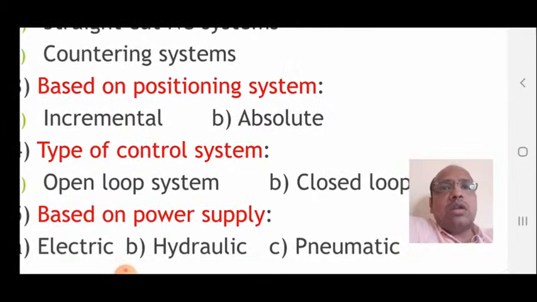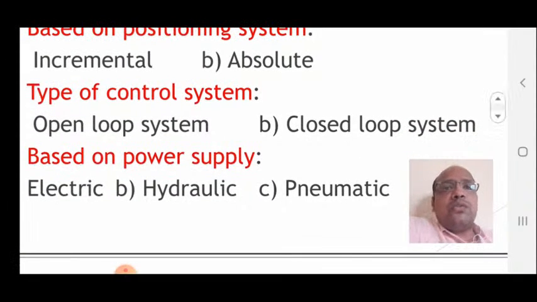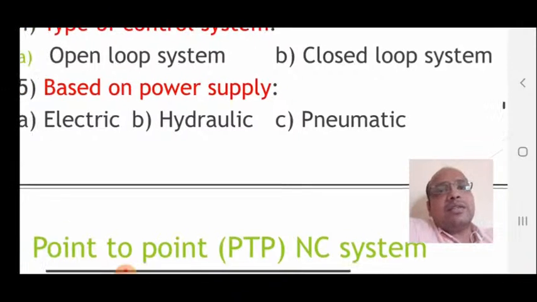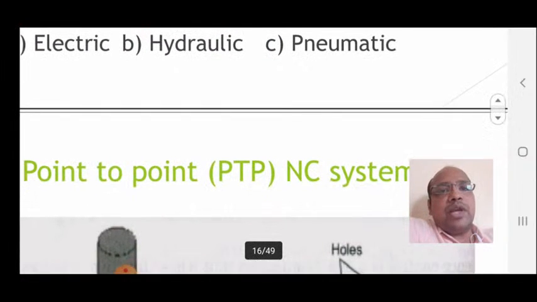Next is based on positioning system: incremental NC system, absolute NC system. Then on the basis of control system: open loop control system and closed loop control system. And the next one depends on power supply: electric power supply, hydraulic power supply or pneumatic power supply. So let us understand these types of NC system one by one.